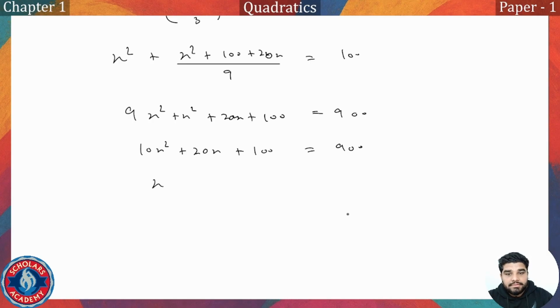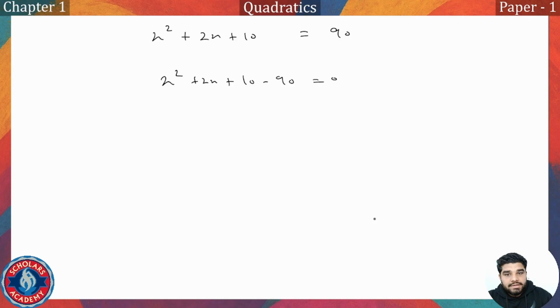We take 10 common and divide it: x square plus 2x plus 10 is equal to 900 by 10, that is 90. We bring this to the left hand side, we get x square plus 2x plus 10 minus 90 is equal to 0. That gives us x square plus 2x minus 80 is equal to 0, right?